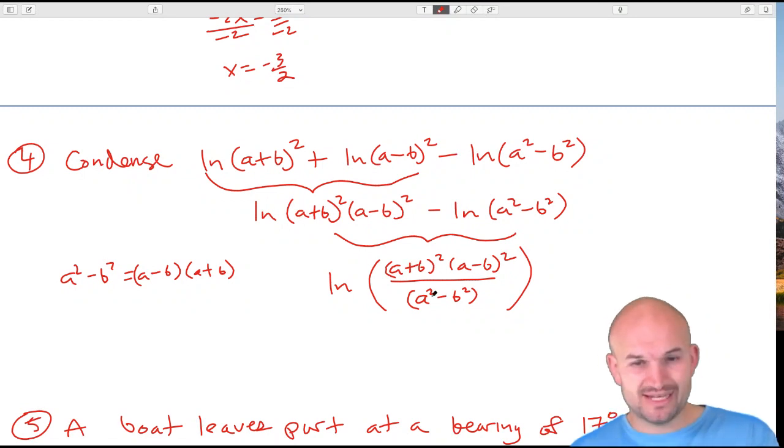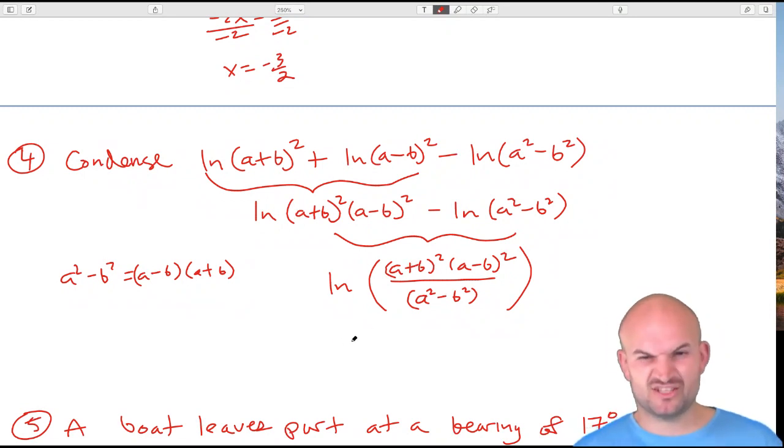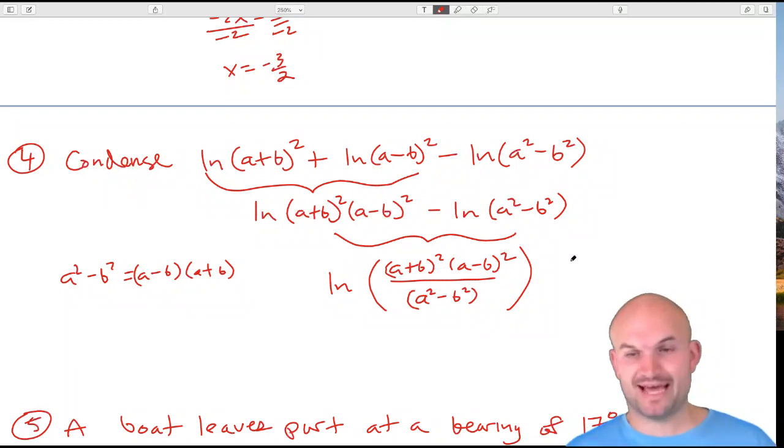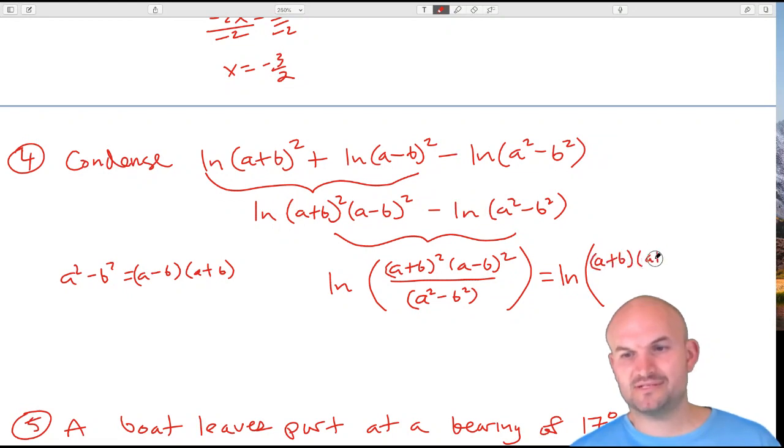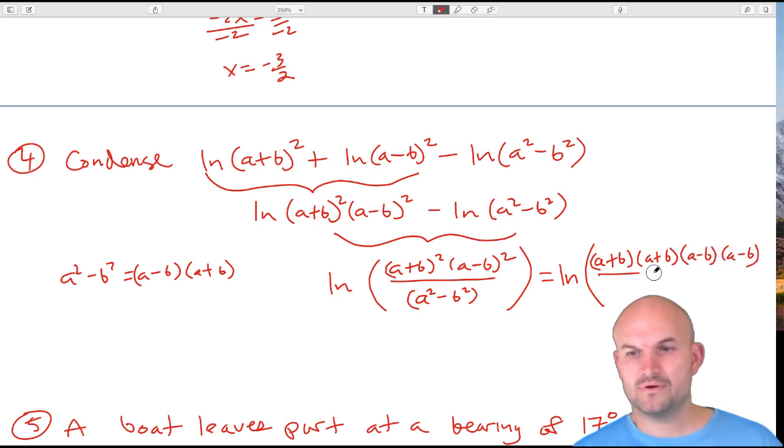Let's expand everything out. This could also be written as (a plus b) times (a plus b) times (a minus b) times (a minus b), all over (a minus b) times (a plus b).